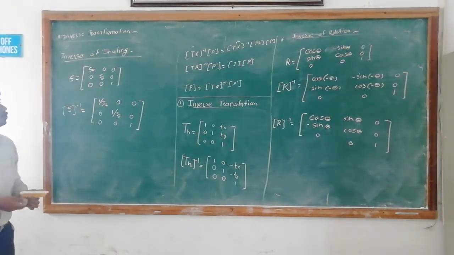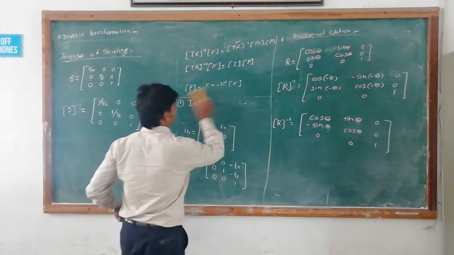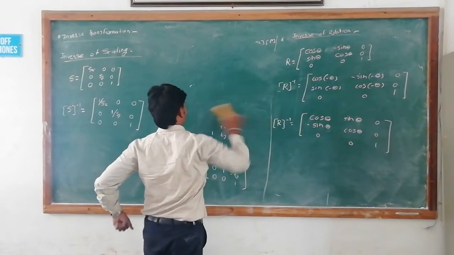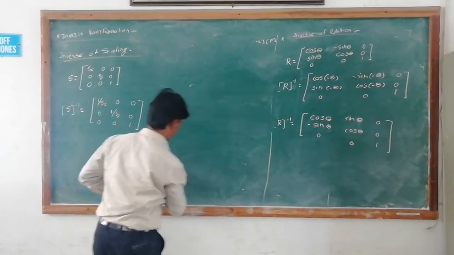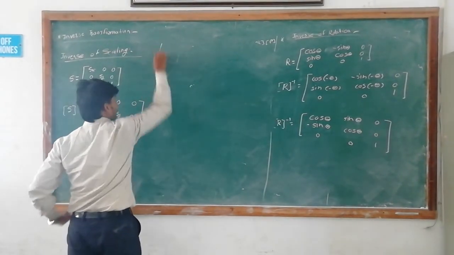Okay. Now the fourth type of inverse transformation is the inverse of reflection.